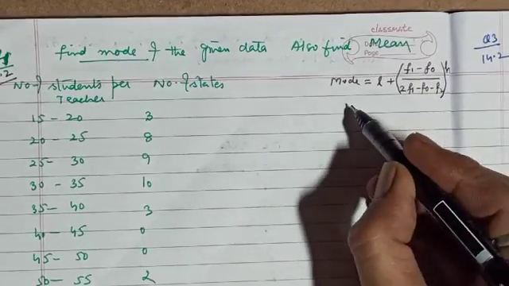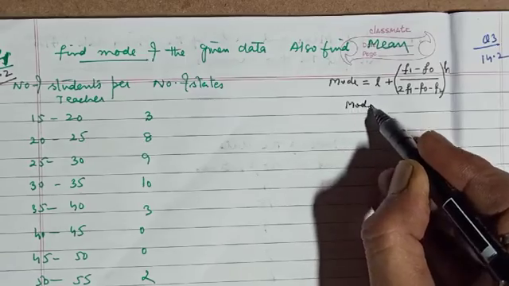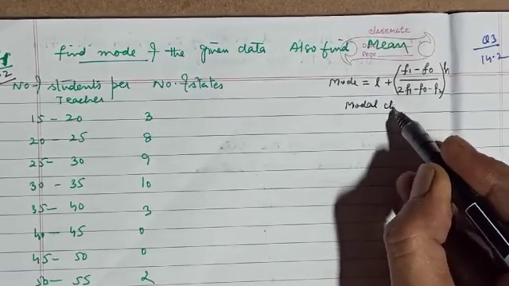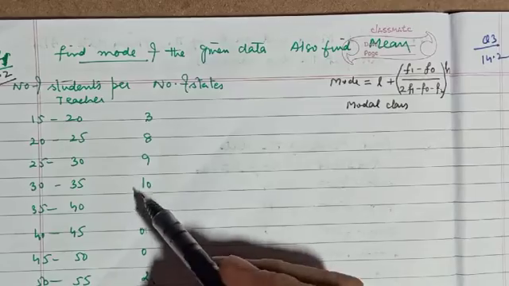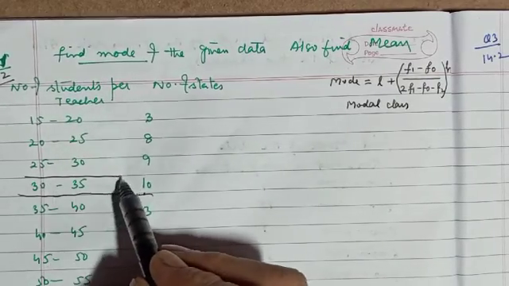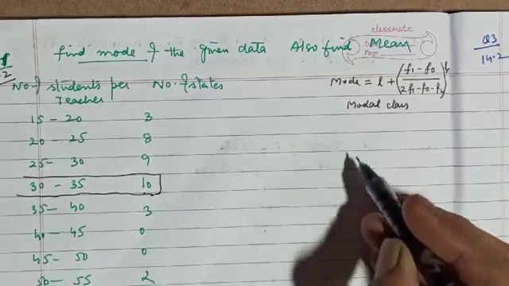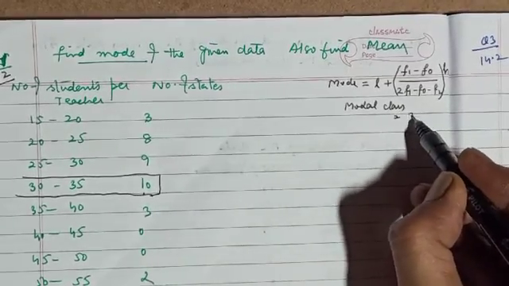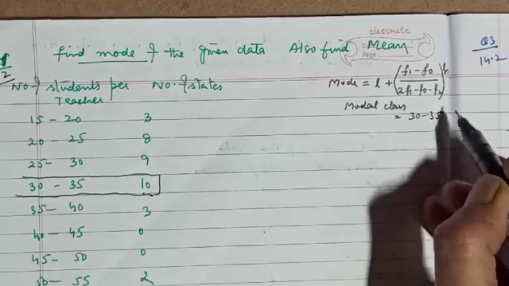So first of all, modal class. Highest frequency is 10. So the modal class is 32, 35.